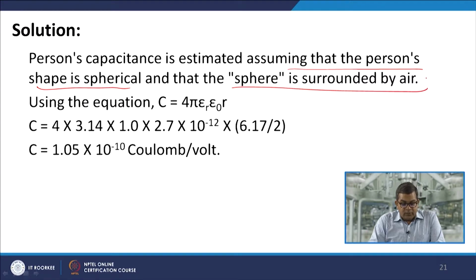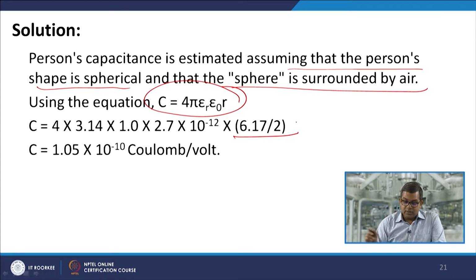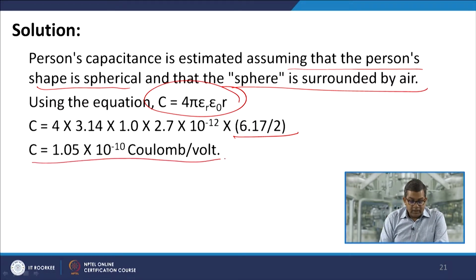So if you use this particular equation which we have studied in the previous module, C is equal to 4 pi epsilon R epsilon naught R. Then C is equal to 4 into 3.14 into 1.0 into 2.7 into 10 to the power minus 12 into 6.17 upon 2. So it comes out to be 1.05 into 10 to the power minus 10 coulomb per volt. So in this way you can calculate.